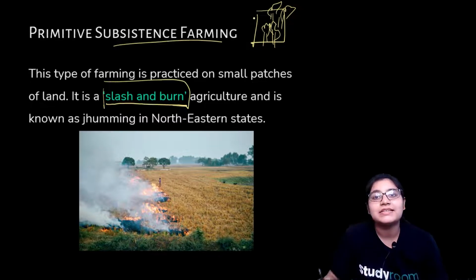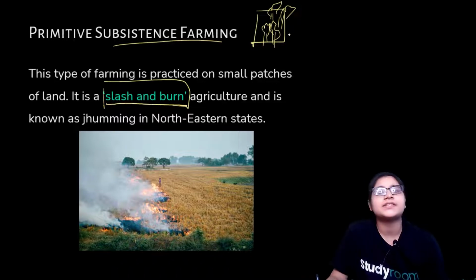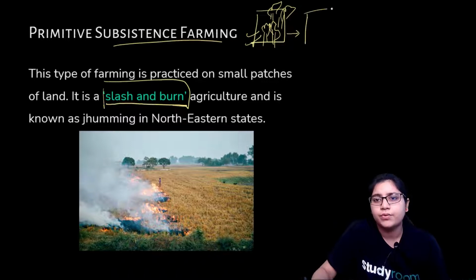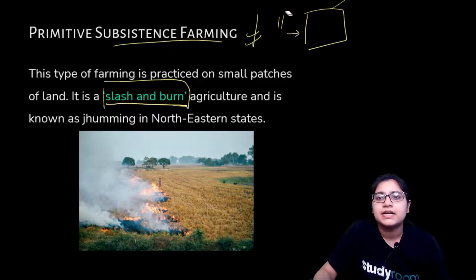And so what happens is that the soil might lose its fertility. So after some time, they used to abandon that particular land and move to a new land. Okay? Till the time that this land regains its fertility.